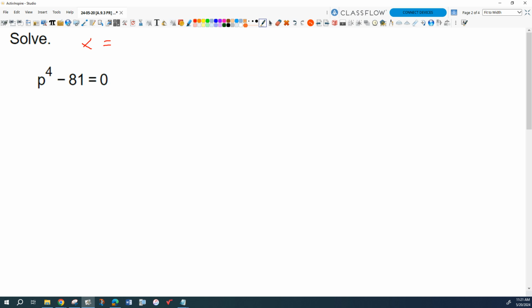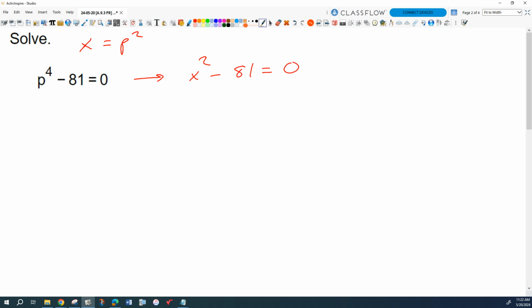Yeah. If I let x equal p squared, what does that turn this equation into? What would p to the 4th become? X squared, exactly, because p squared squared would be p to the 4th. Everybody see that? Okay. So we could just turn this into x squared minus 81 equals 0.